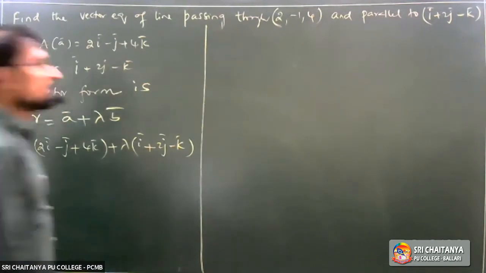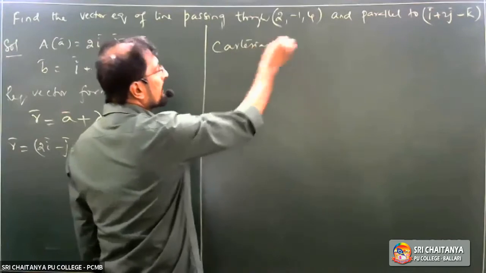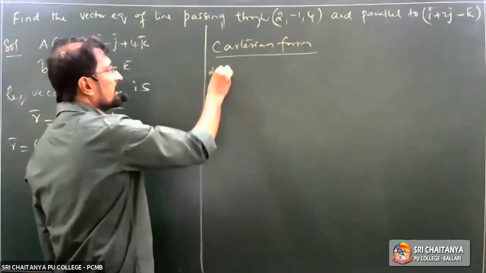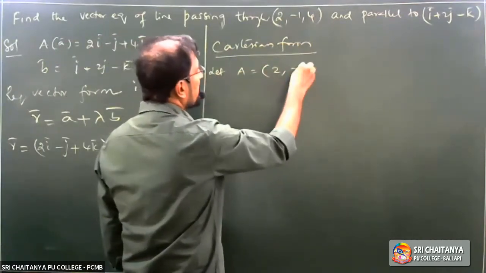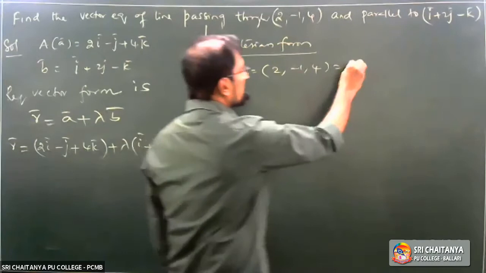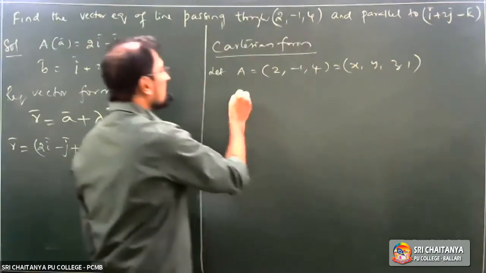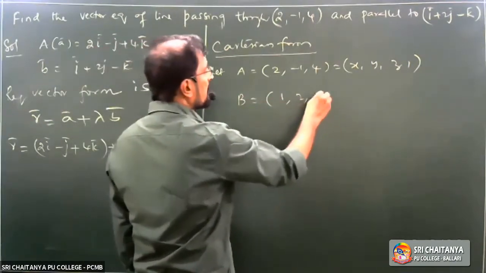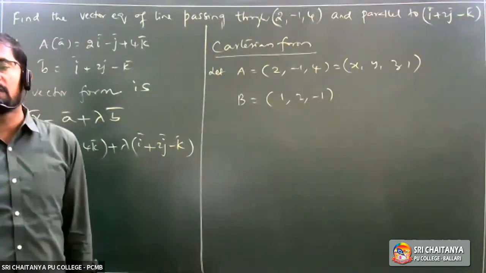Okay, now let us write the Cartesian form of this one. How to write the Cartesian form? Let capital A be 2, minus 1, 4, which is x1, y1, z1. Now let capital B be 1, 2, minus 1, since it has been given i plus 2j minus k.